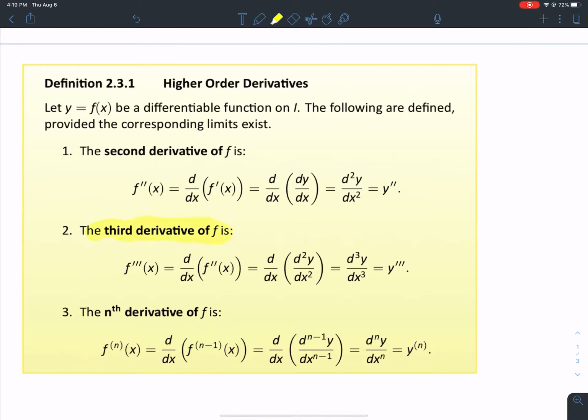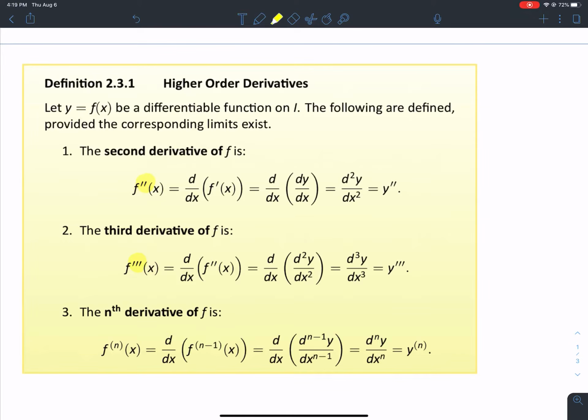The third derivative is the derivative of the second derivative. So to get the third derivative, you take the derivative of the original function 3 times, or you take the derivative of the second derivative 1 time, and then it kind of gets a little hairy, right? But essentially this prime here, you're going to use 1 for the first derivative, 2 for the second derivative, and 3 for the third derivative.